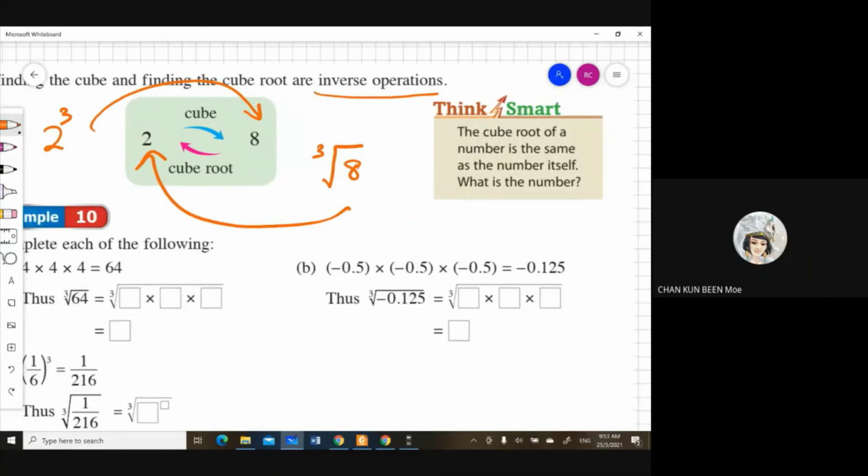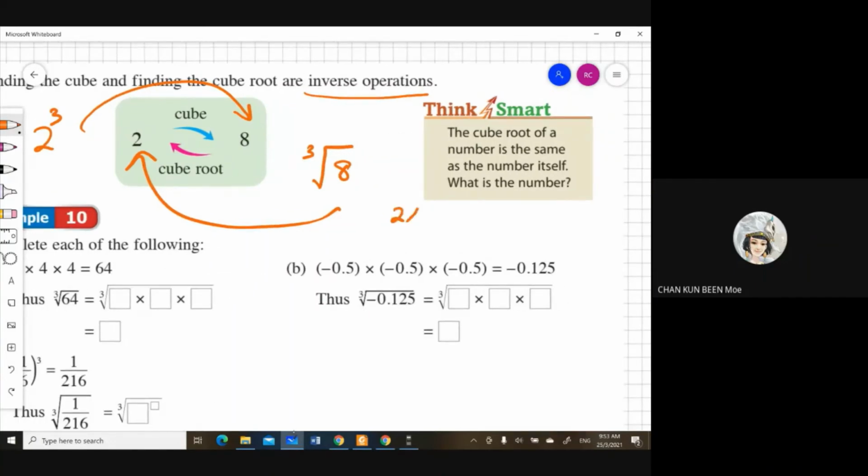They give you 2 times 2 times 2 is equal to 8, and then they will ask you to find the cube root of 8. So cube root of 8 is actually cube root of 2 times 2 times 2, which is equal to cube root of 2 cube. From here, you simplify the cube root with the cube. Then the answer that remains will be 2.